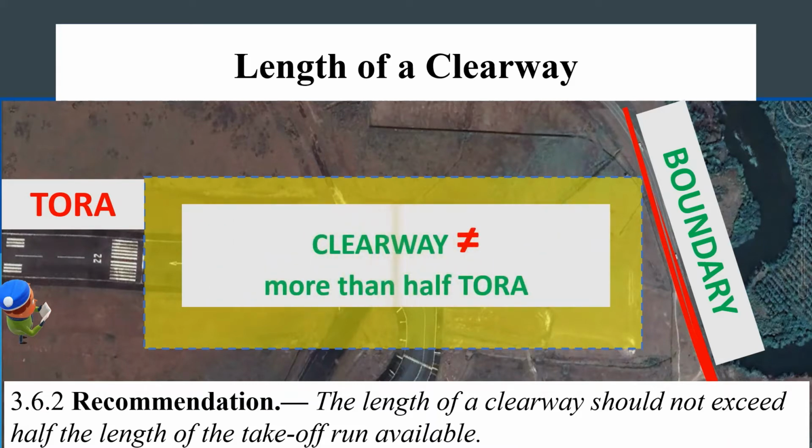So if you have your takeoff run, which is published in your AIP and in your aerodrome document, and assuming your takeoff run is 3,000 meters, then the longest length of your clearway will be 1,500 meters from the end of the TORA towards your boundary. That is how long the clearway can be.